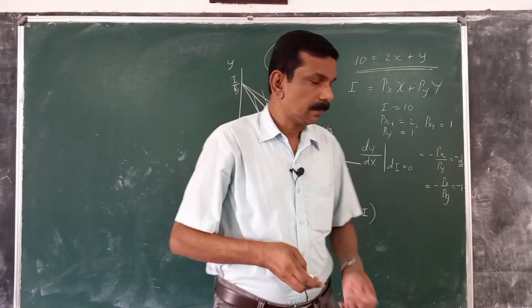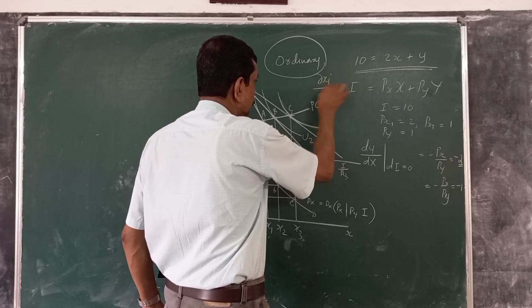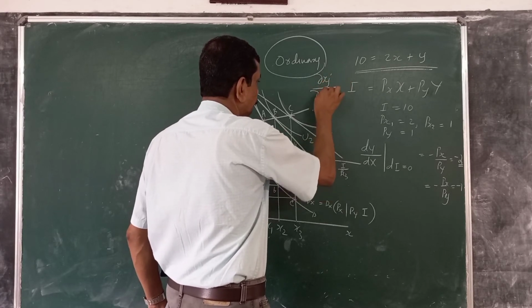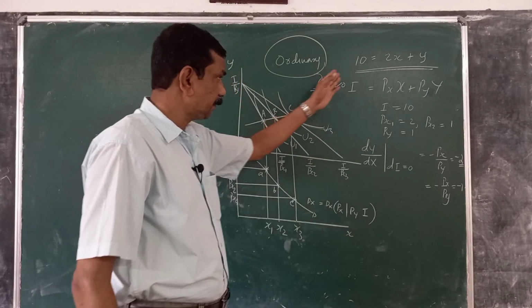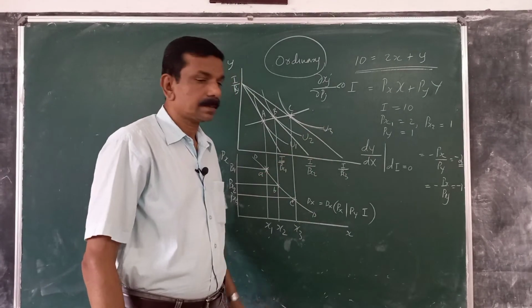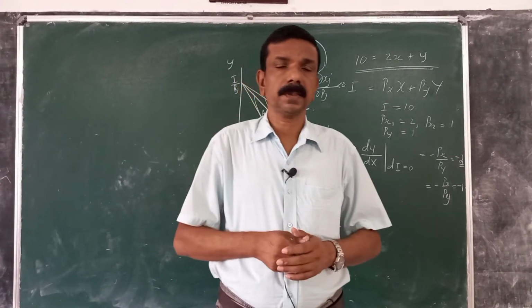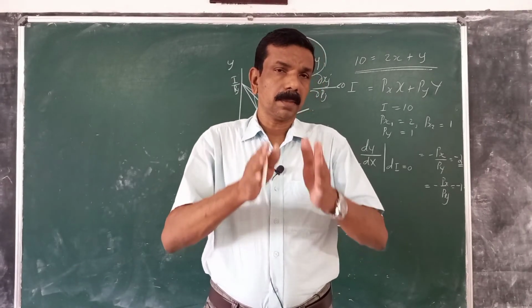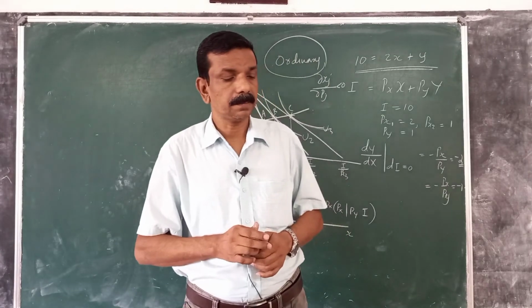Ordinary goods are those where dou Xj by dou Pj is less than 0. That is, there is a negative relationship between price and quantity demanded. But there are some situations in which the demand curve will be positively sloped. Such a possibility is there.